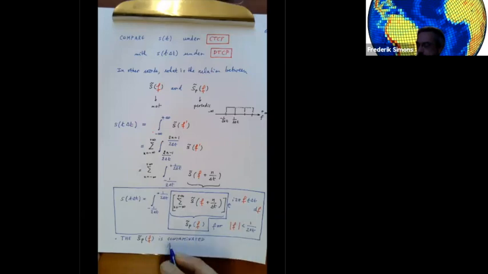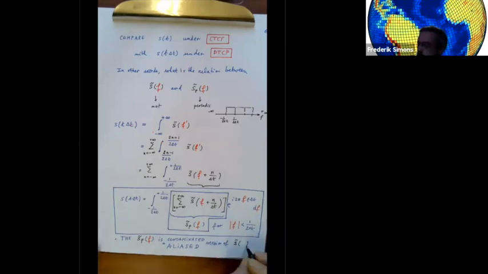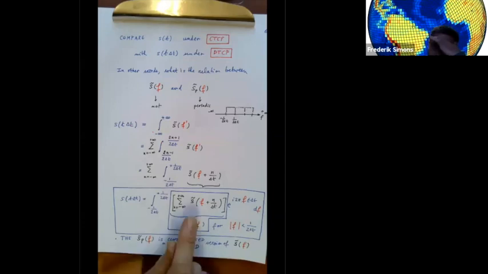It is also known as aliased. It's an aliased, contaminated version of the truth, which we wanted to know. We knew it was different. We knew it would periodize, but we didn't know exactly what the relation was until now.